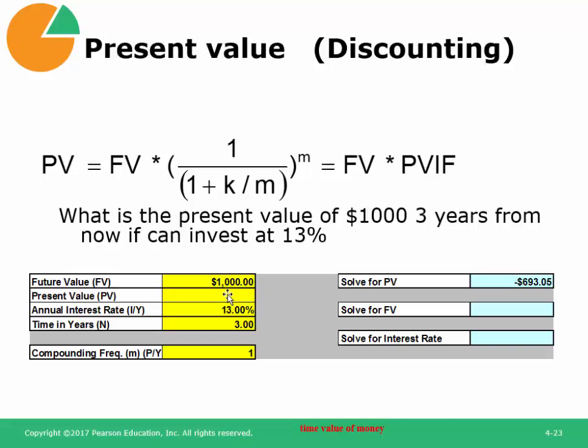When you solve these problems, since the last problem you had a number in present value, make sure you delete that from the cell. You delete it with the delete key.